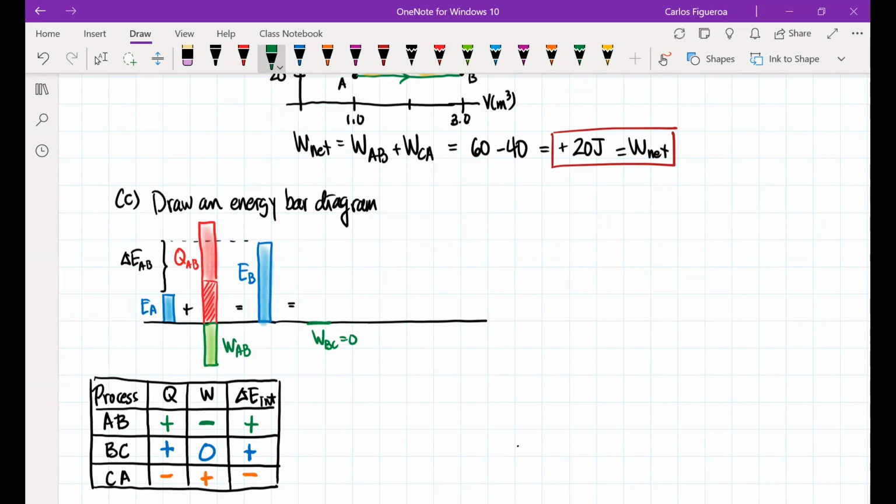So now I'm going to add a little bit of heat. I'm going to say this amount, and this amount of heat is the heating between B and C. And as a consequence, it increases my total energy by 1 square.